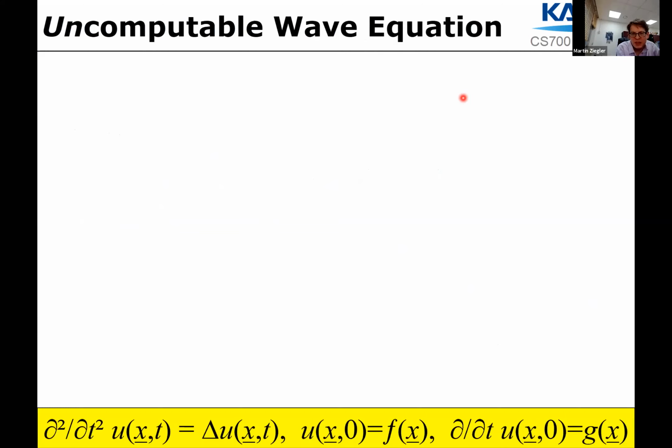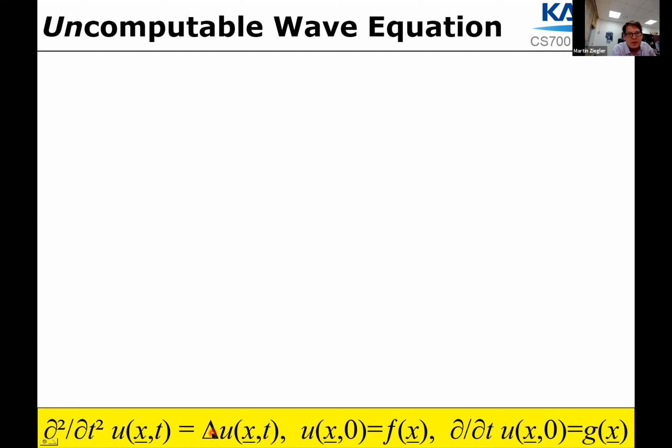The wave equation is this second order linear partial differential equation. So it's second order in time, and this is second order in space. This is a Laplace operator: partial derivative with respect to x twice, plus partial derivative with respect to y twice, and so on for all possible spatial variables.